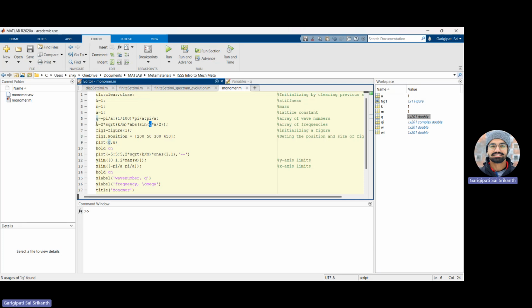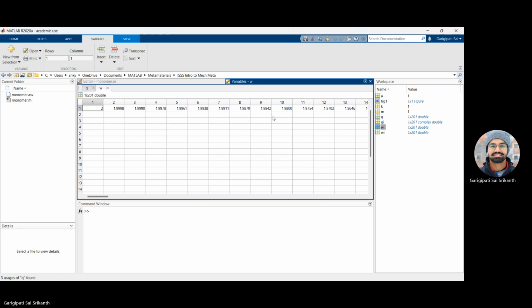I can just describe omega as a function of q, and it will automatically assign omega as an array. That's what we see here.